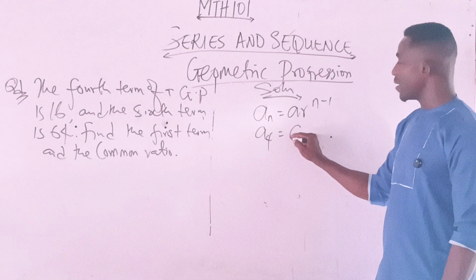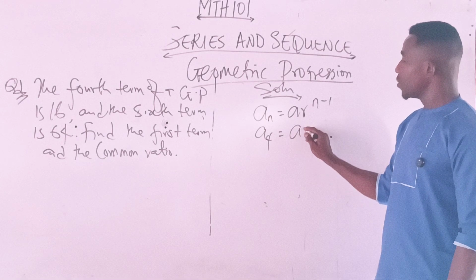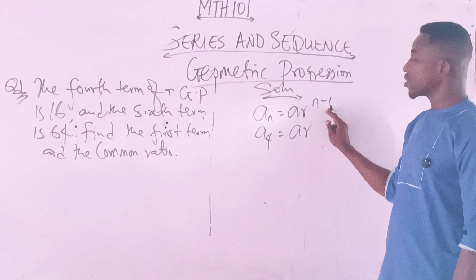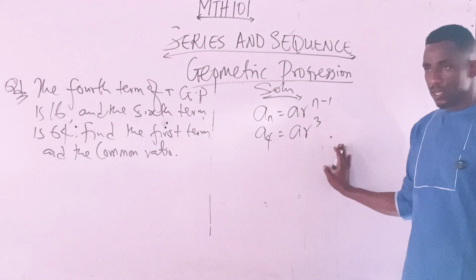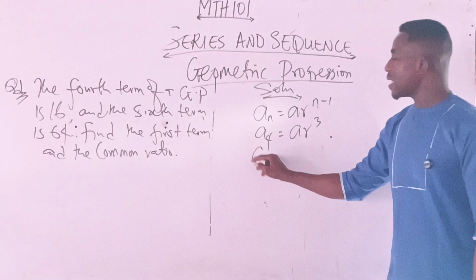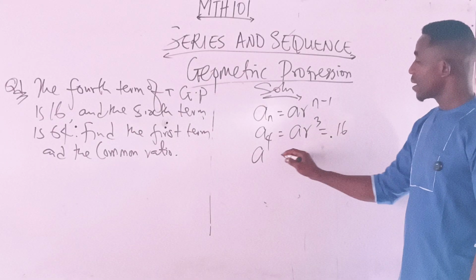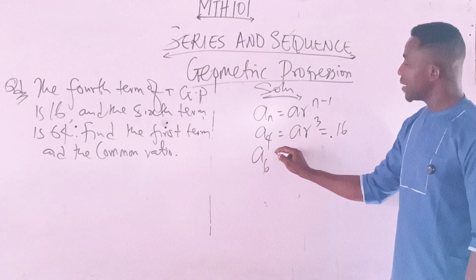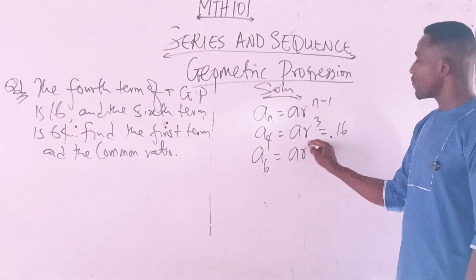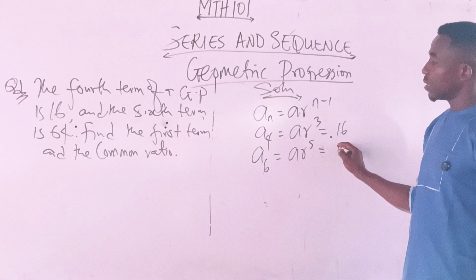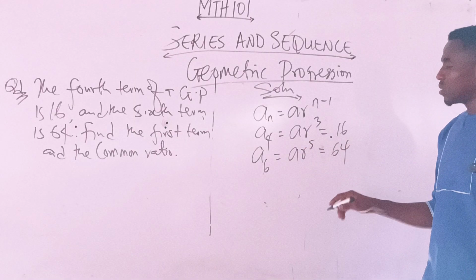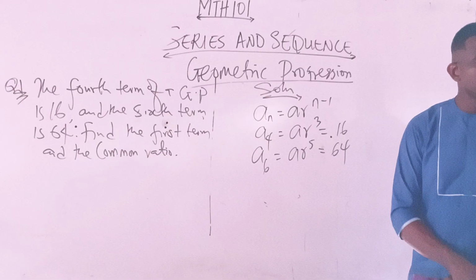What is A? Do we know R? AR^(4 minus 1). Are you following? And is equal to 16. And the sixth term, AR^5, is equal to 64.